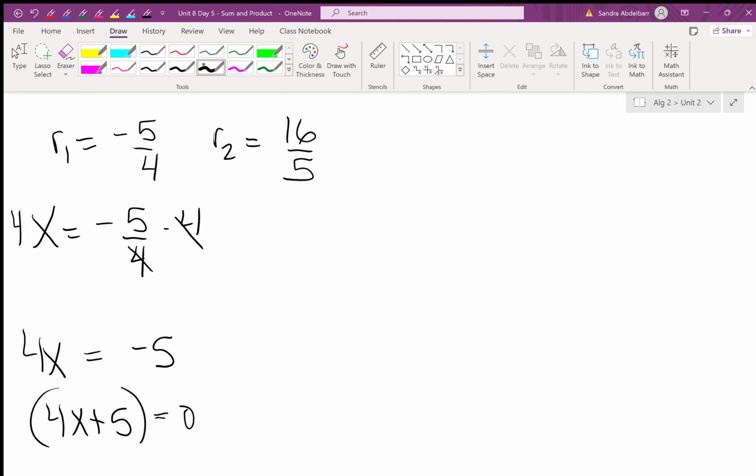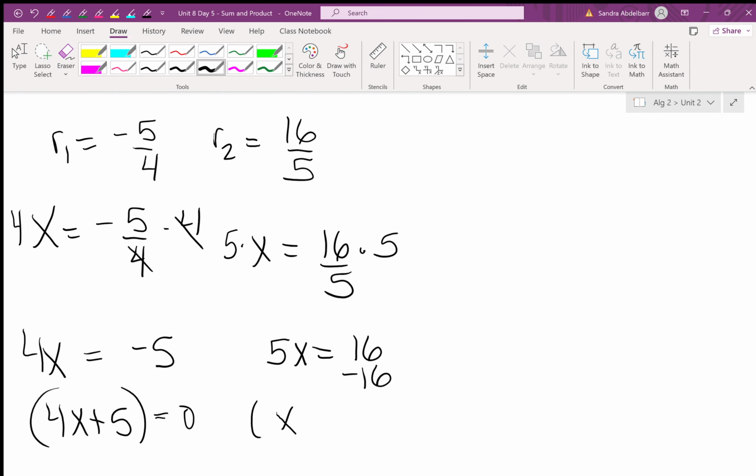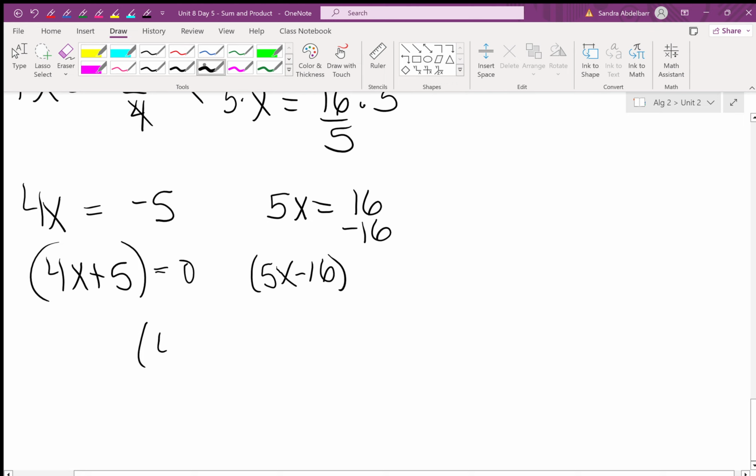And the same idea here for the root 2, we have x equals 16 over 5. We're going to now backtrack to the factor. The last thing we did was divide, so the first thing we'll do is multiply. So now we'll have 5x equals 16, and then subtract that 16, which gives us 5x minus 16. And then what can you do with the 4x plus 5 and the 5x minus 16? Foil it out.